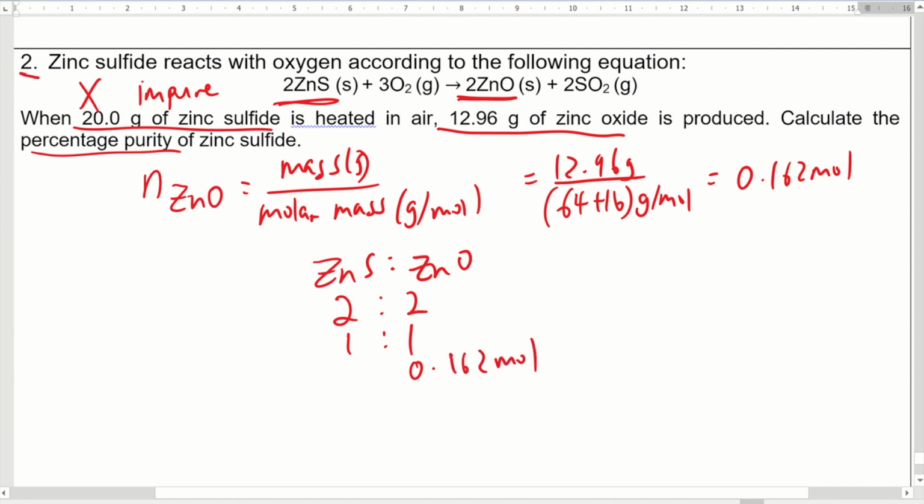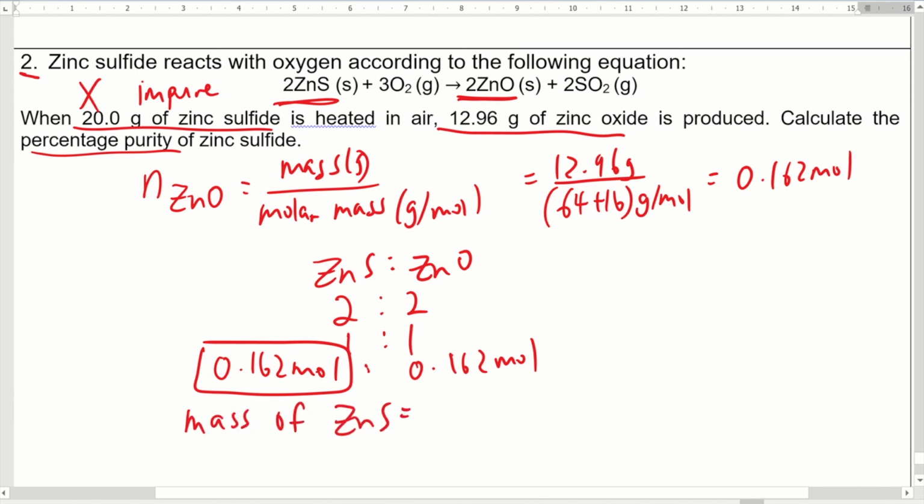So if I have 0.162 moles of my zinc oxide, this is produced by reacting 0.162 moles of zinc sulfide. So this amount is reacted. From here, what is the mass of zinc sulfide? I use the number of moles multiplied by the molar mass, which is 65 plus 32 gram per mole.